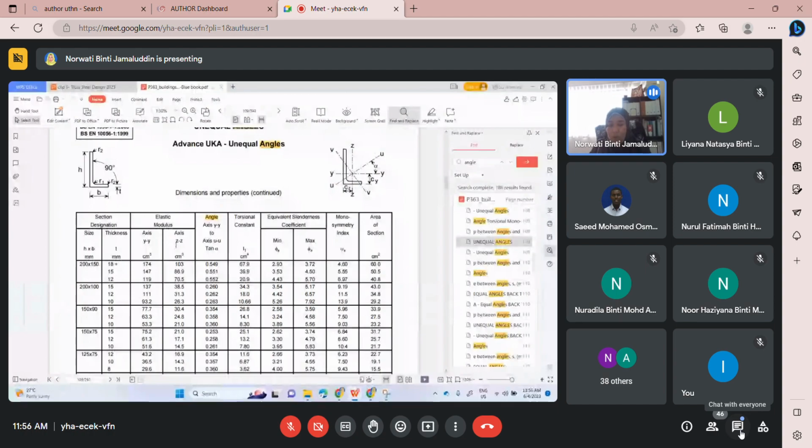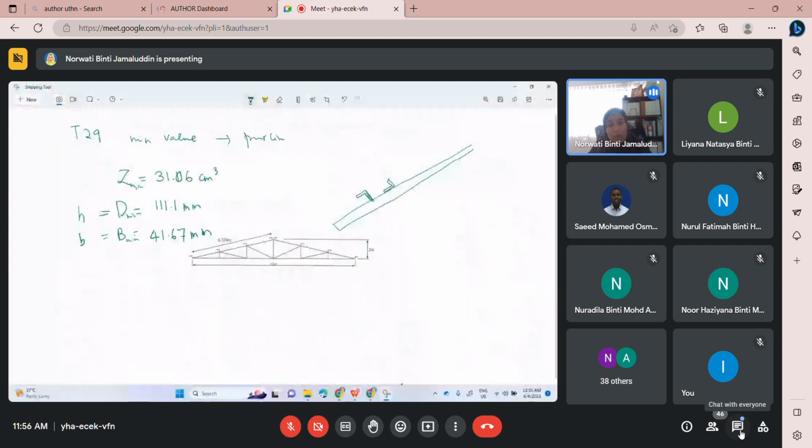I said that you need to choose the bending axis. Which one will be this? Based on the arrangement, based on your purlin arrangement. Arrange purlin logically, how to attach this to the top chord?